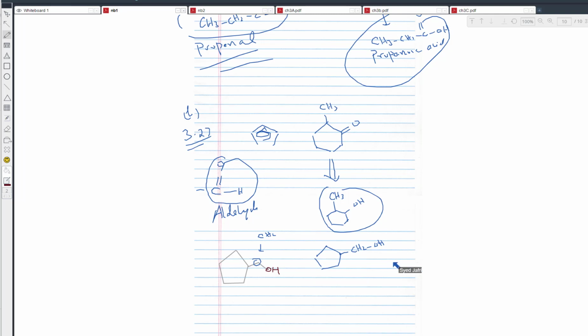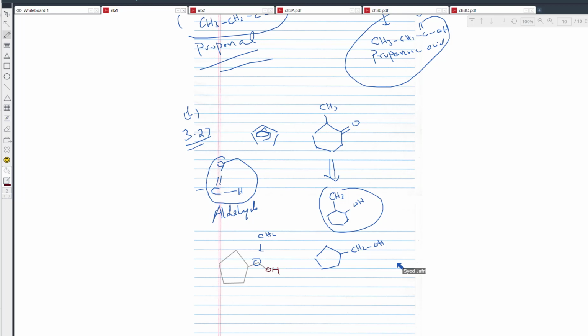So we already got that. What about C? I will give you some hints. This is a carboxylic acid. Alcohol can change into aldehyde, and aldehyde can go to carboxylic acid.